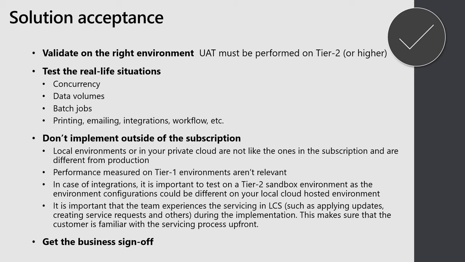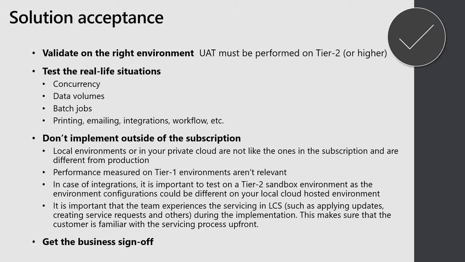From a solution acceptance point of view, we would definitely say validate on the UAT. The UAT should be done or validated on a Tier 2 or a tier higher than Tier 2 environment. Reason being, Tier 1 is a SQL Server, while Tier 2 onwards is SQL Azure, and that has a topology that is more comparable with our production.